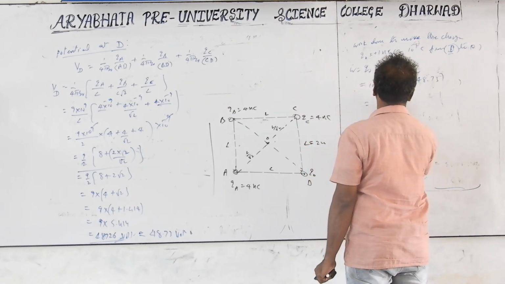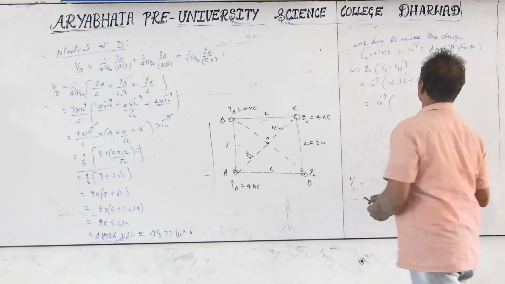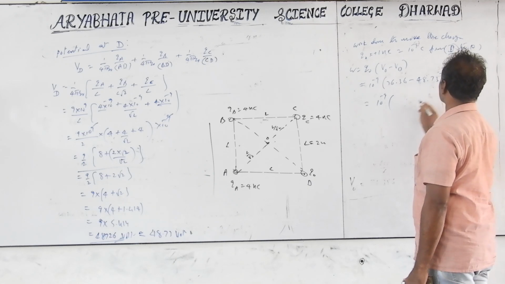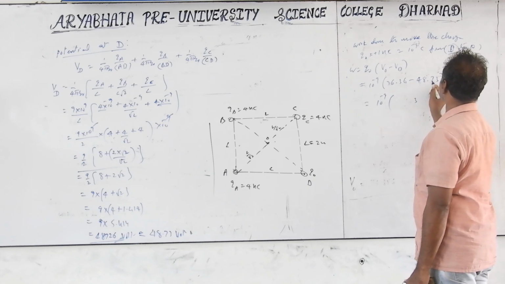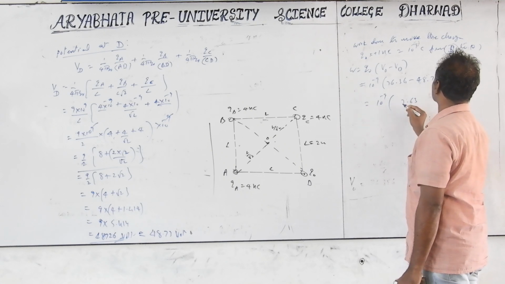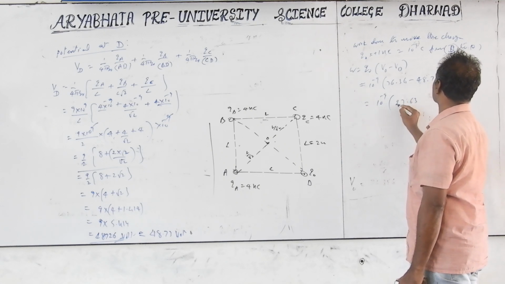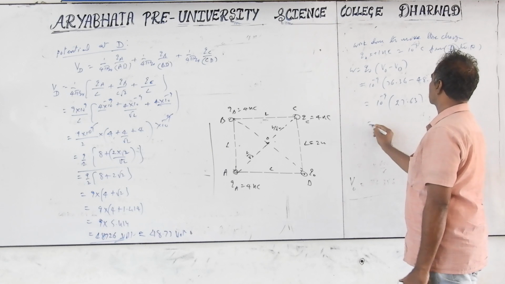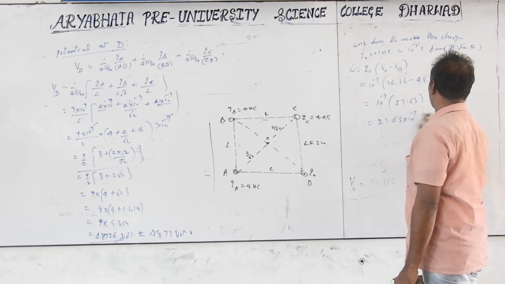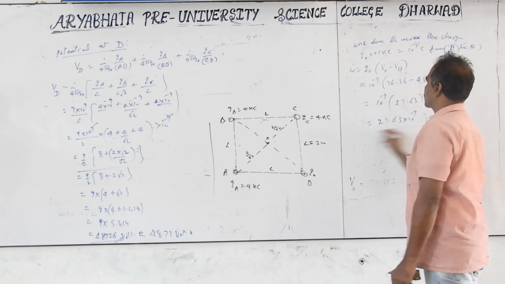Which is equal to 10 to the power of minus 9 into 3, so it is 0.63 into 10 to the power of minus 9 joules.